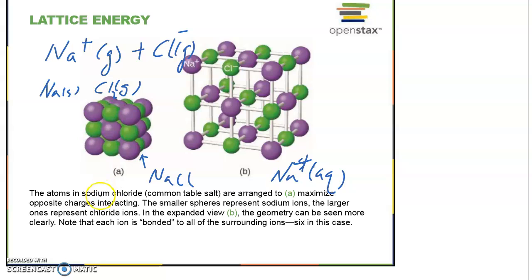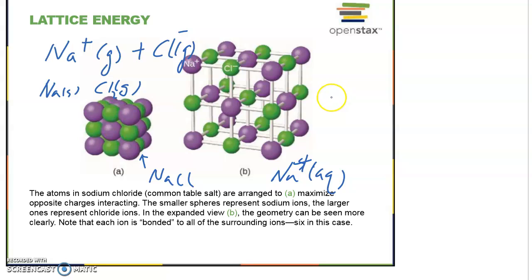Let me repeat this again. The lattice energy is the amount of energy to convert 1 mole of substance, preferably an ionic compound, into its constituent ions in the gas phase, in the gas form of cation and anion. Let me put it this way.